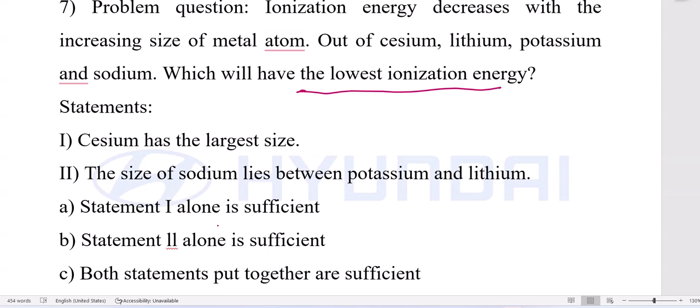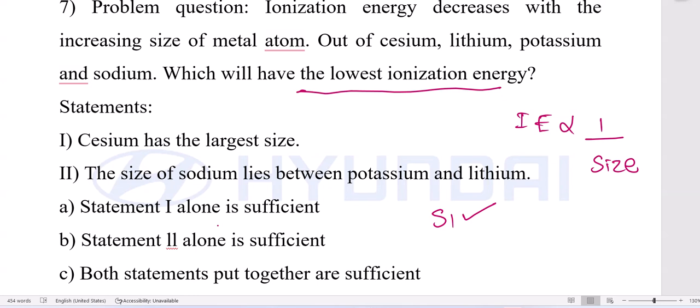So ionization energy is inversely proportional to the size of the atom. If size increases, ionization energy decreases. Now I want the lowest ionization energy, which means the one having the highest size. So that is there in statement 1 alone.